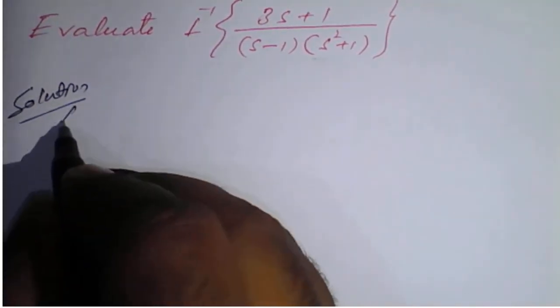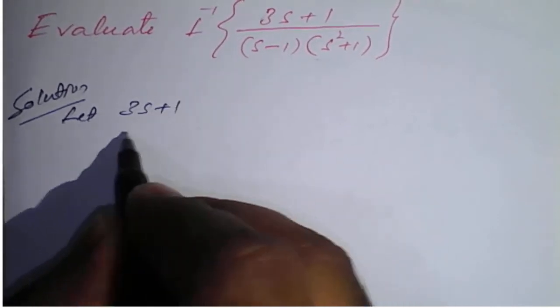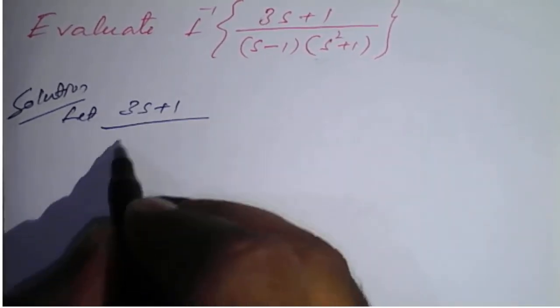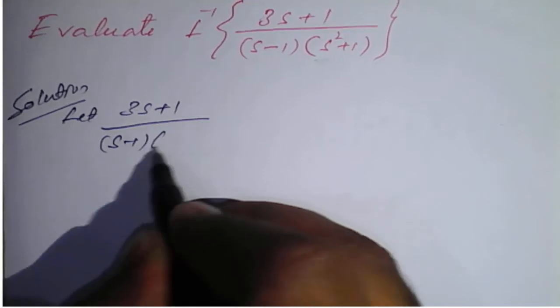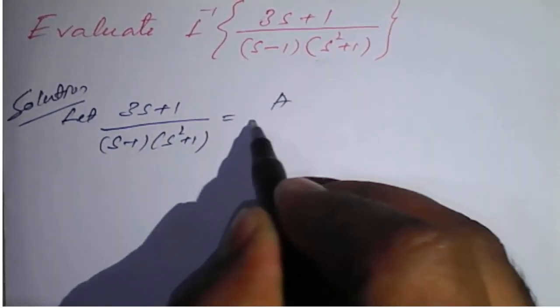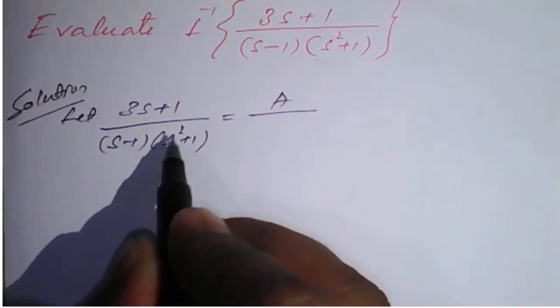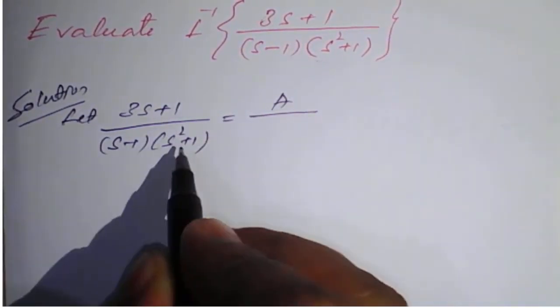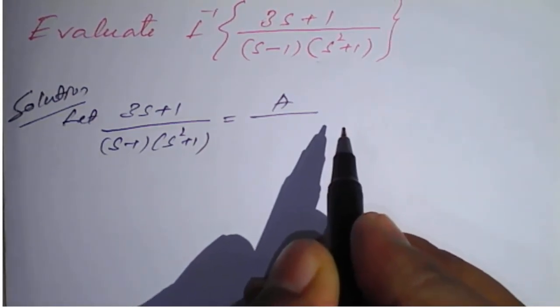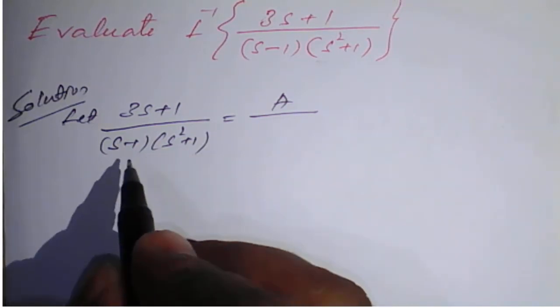Let (3s plus 1) divided by (s minus 1)(s square plus 1) be equal to... if you open the bracket, s into s square is s cube, so we need to find 3 constants in the partial fraction.